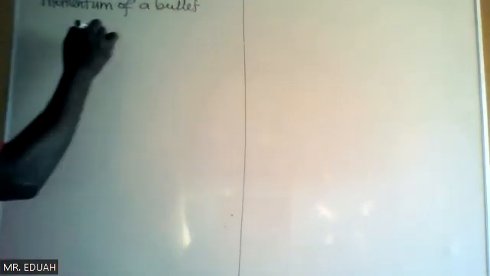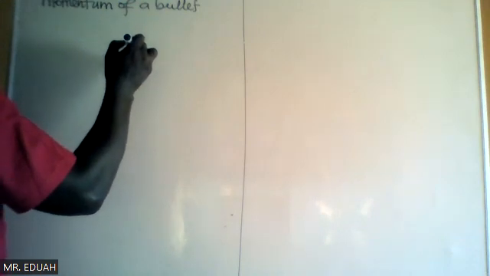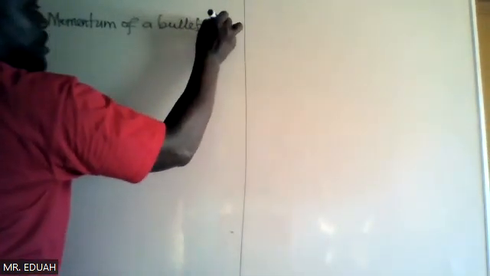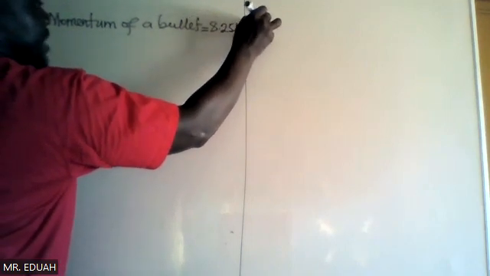Of a bullet. So this is 8.25 kilogram meter per second.